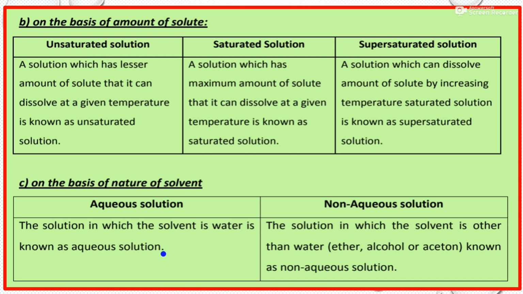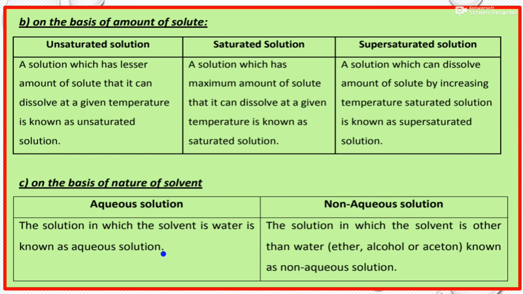That is called unsaturated solution because it is not saturated and can hold more solute. In a saturated solution, the solution contains the maximum amount of solute that it can dissolve at a given temperature. We cannot add more solute to that solution. That is called saturated.